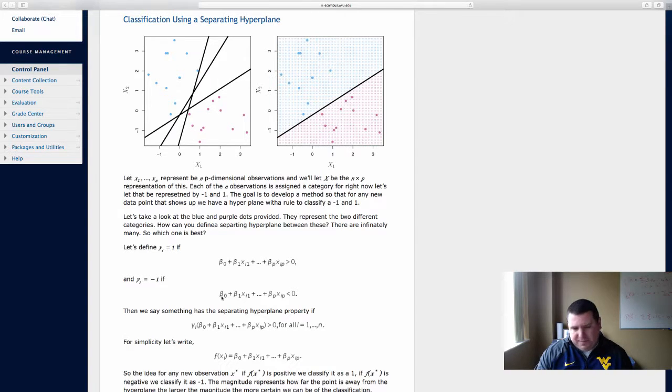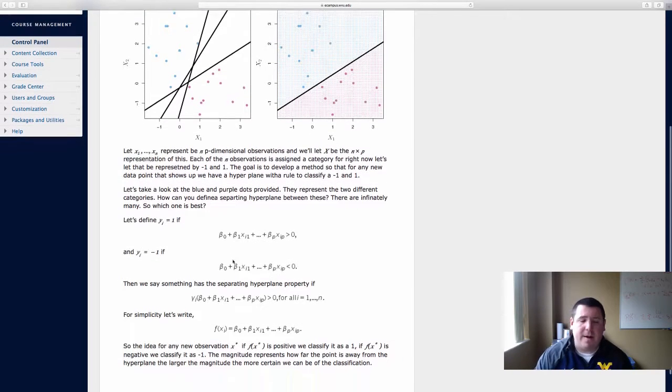So take a look at this. If y is equal to -1, the equation we're saying is less than 0. So -1 times the equation would be positive, right? Because this is negative and that's -1. So -1 times a negative number is positive. If y is equal to 1, we know the equation of the line is greater than 0. So something positive times y, which is equal to 1, is positive, right?